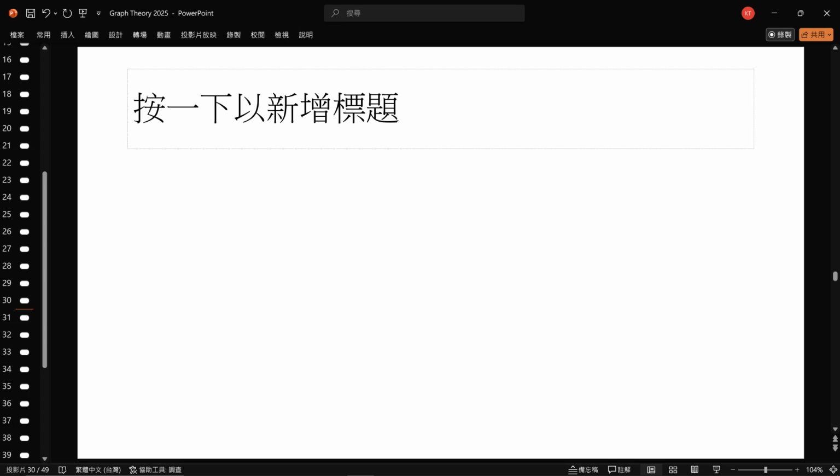This case is when u has more neighbors than x does, so we can always find a neighbor of u that is not a neighbor of x. And this is the vertex that we are looking for, because all we have to do next is add this edge and remove these edges.